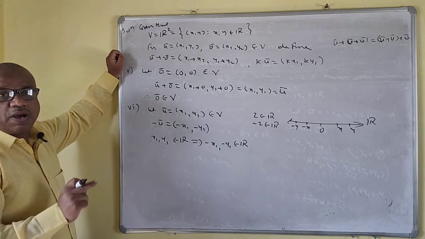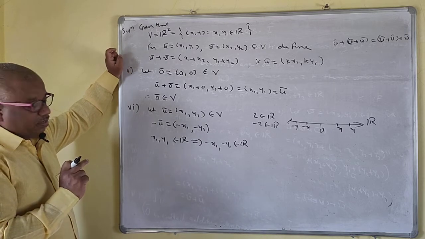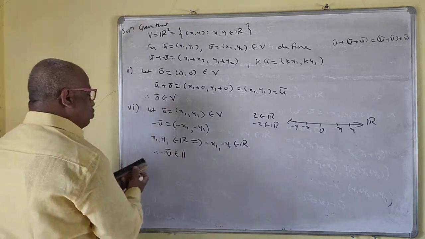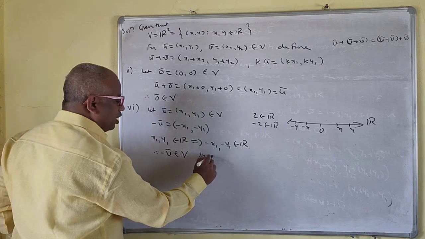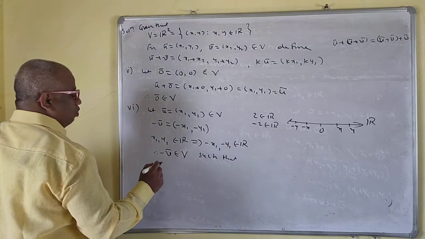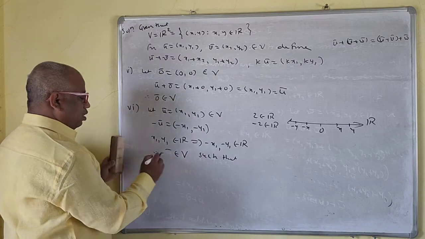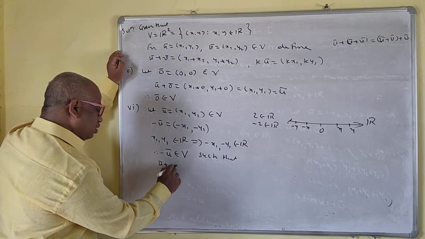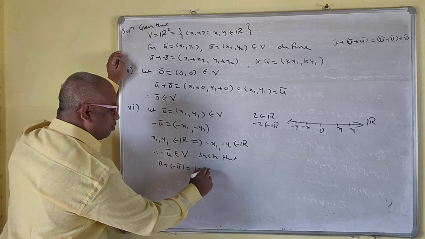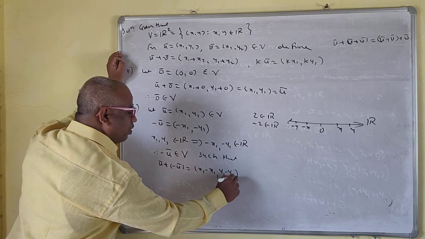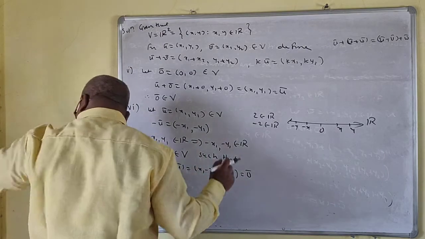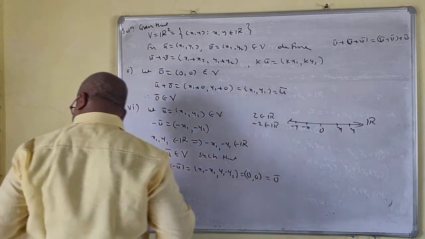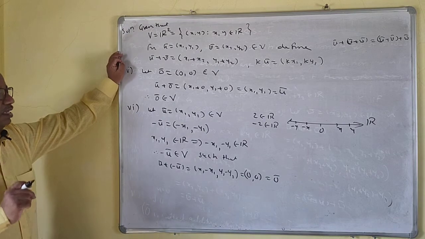That means minus u bar is a vector from V. Therefore minus u bar belongs to V, such that u bar plus minus u bar is equal to (x1 minus x1, y1 minus y1), which is equal to (0, 0), which means 0 bar. So the negative element also exists.